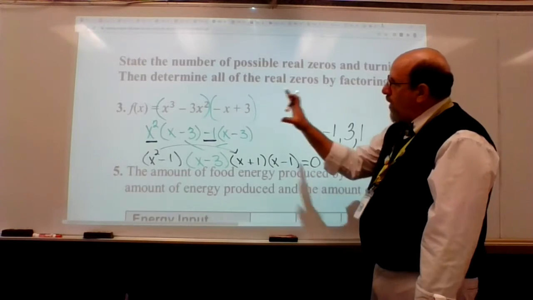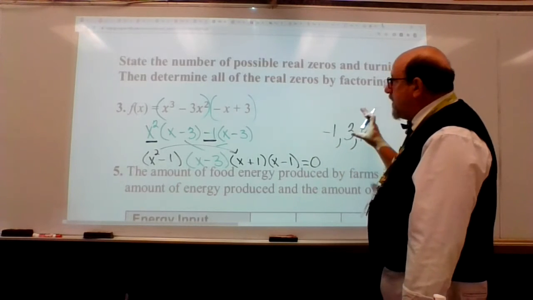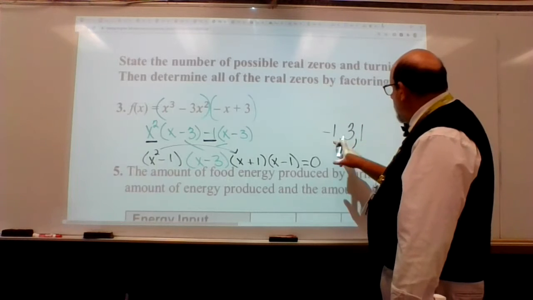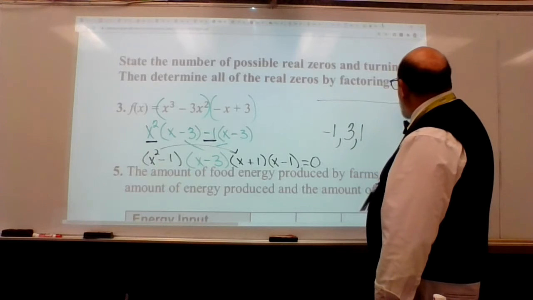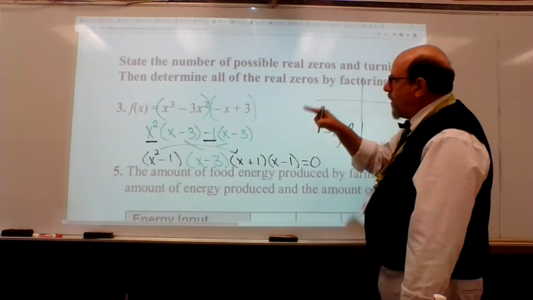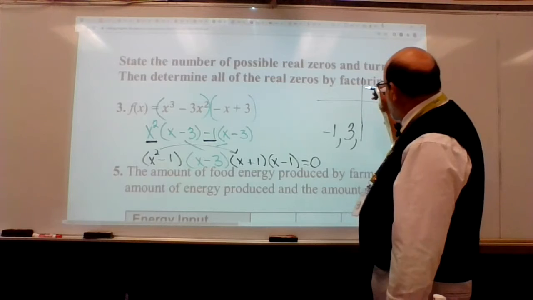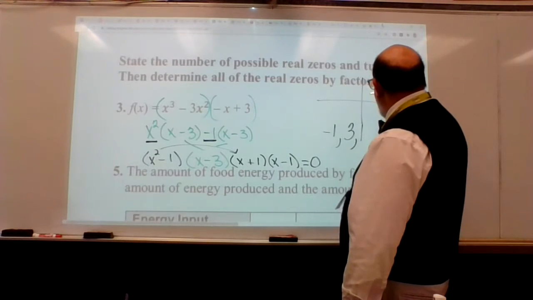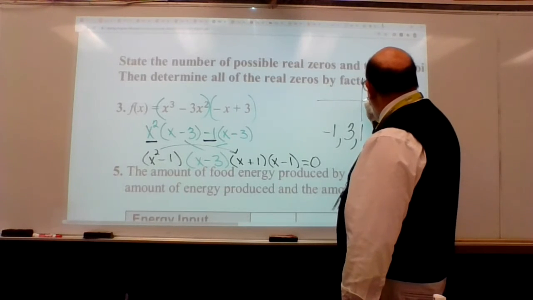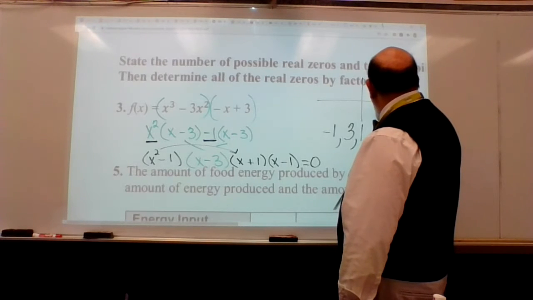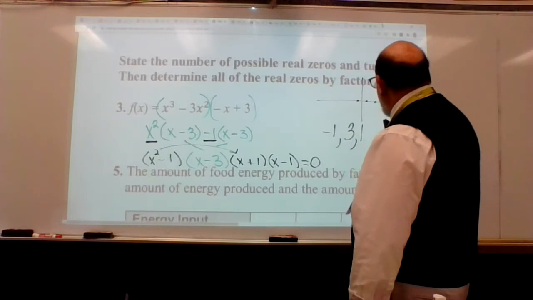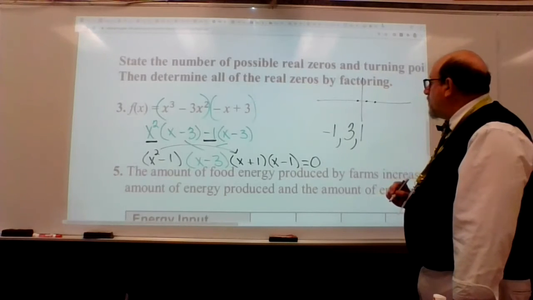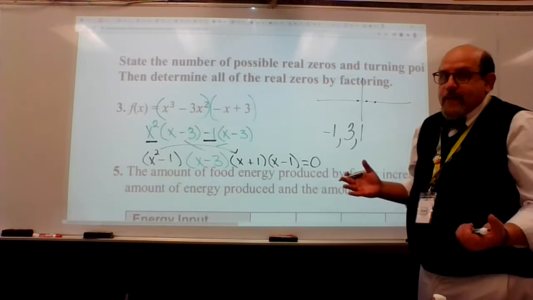So, when you graph this, it's indeed possible to have these points on the x-axis where this crosses, and here we go. I put a point at 3, 0. I put a point at 1, 0, and negative 1, 0. Look pretty good? That's about it.